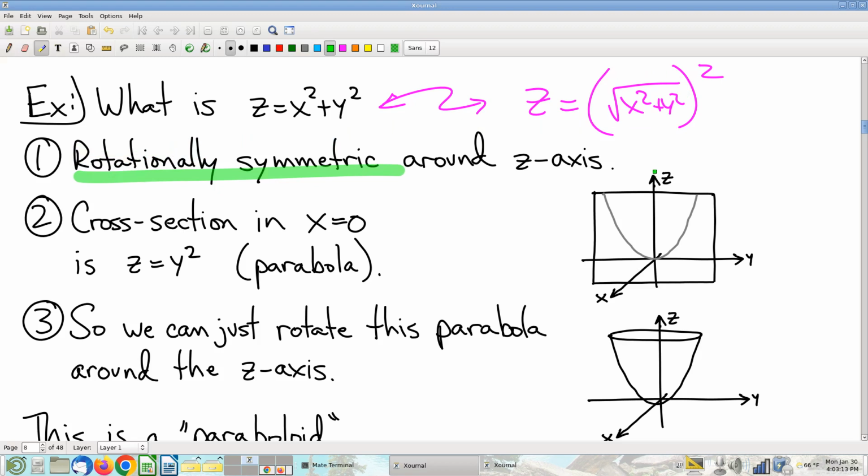Okay, so we have a rotationally symmetric shape here, rotationally symmetric around the z-axis. So now I'm going to focus my attention on any cross section that contains the z-axis. Again, I emphasize it can be any cross section. It could be the xz plane, the yz plane.